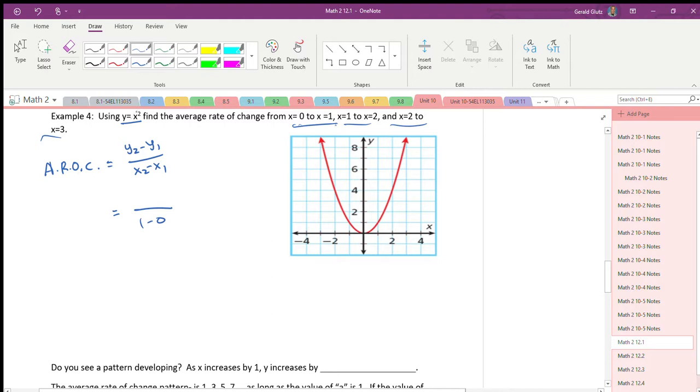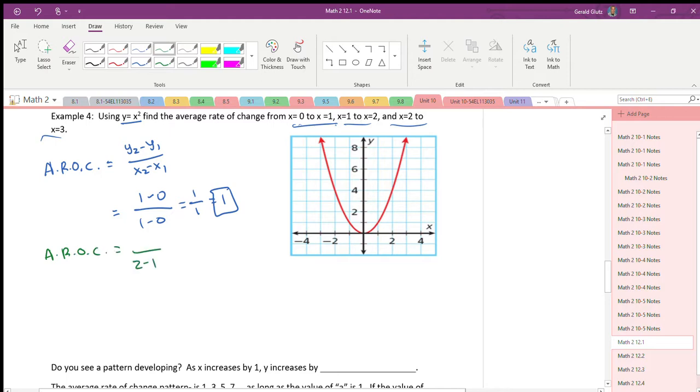If I plug in 1 into x squared, I get 1 squared, which is 1. If I plug in 0 into x squared, I get 0. So 1 minus 0 divided by 1 minus 0 is 1 divided by 1, which is 1. So the average rate of change between where x equals 0 and x equals 1 is 1. Then I'm going to find the next one, between 1 and 2.